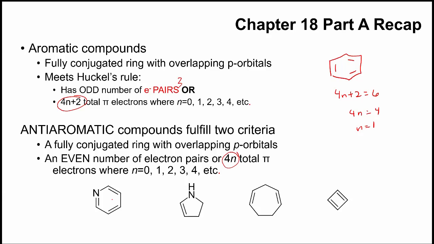If I look at this first example here, this is pyridine. It's cyclic and it's conjugated, meaning there is an sp2 carbon or something that has pi bonds that can contribute. The nitrogen is going to contribute to that. That has an sp2 nitrogen. There's 3 electron pairs, which is odd, so this one is aromatic.